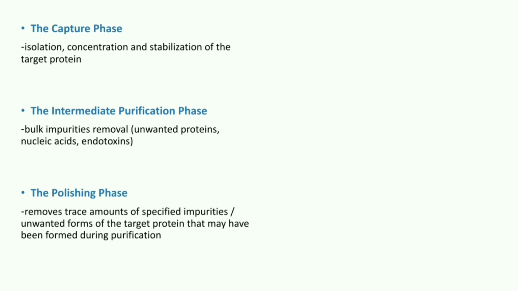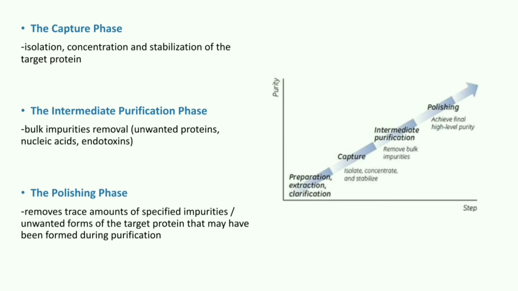Polishing phase. In this phase, the major impurities have already been removed. So this phase mainly focuses on removal of any trace or specified impurities or unwanted proteins which are formed during the reaction. As you can see in this graph, the purity increases as step by step you are performing extraction, capture, purification and polishing.